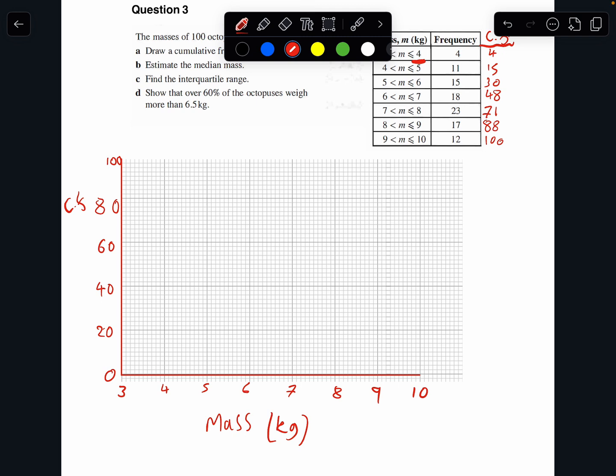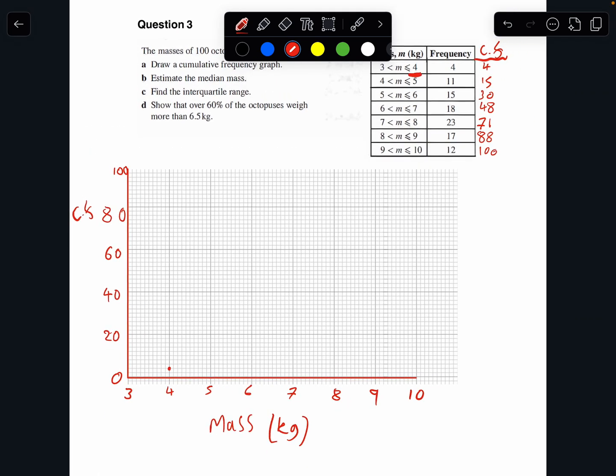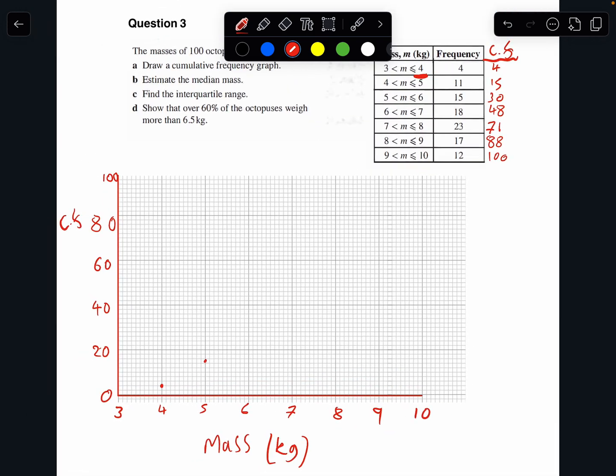Okay. At a mass of 4, my cumulative frequency is 4. So at 4, I'm going to go 2 squares up. At 5, for example, I'm going to go up to 15. So at 5, let's go to 15. I need to go to 30. 30 is halfway in between.